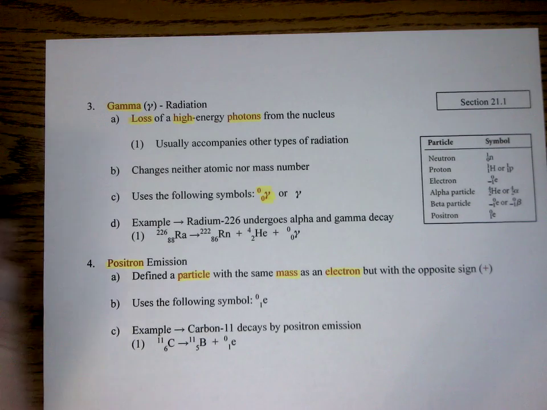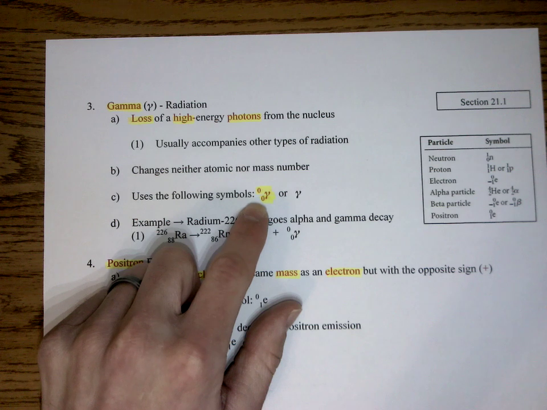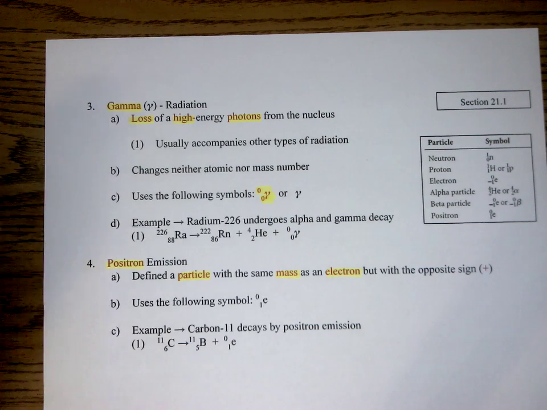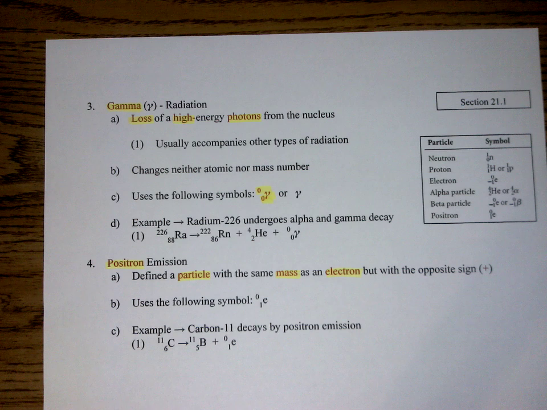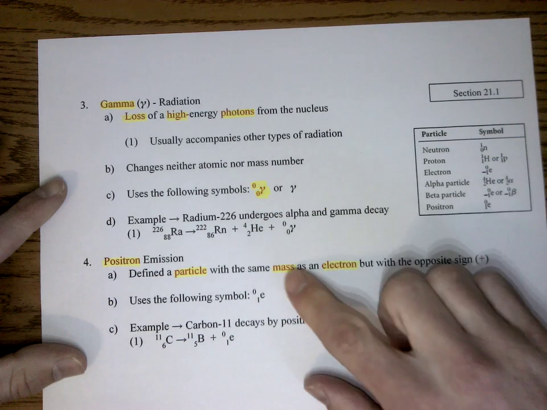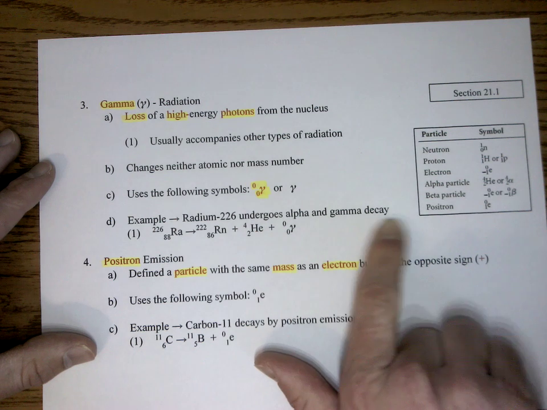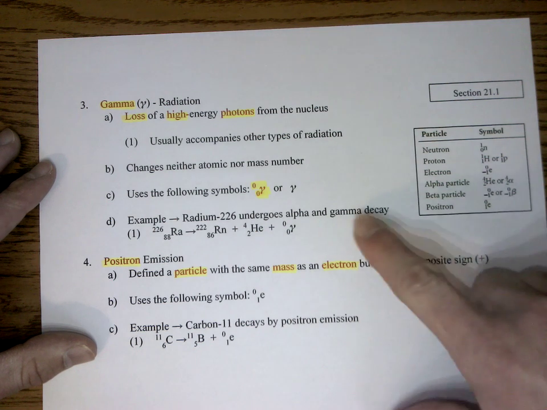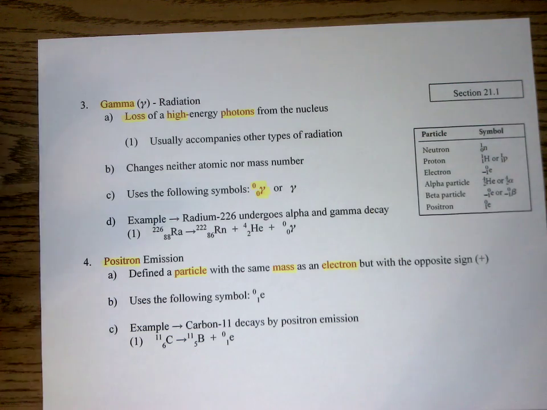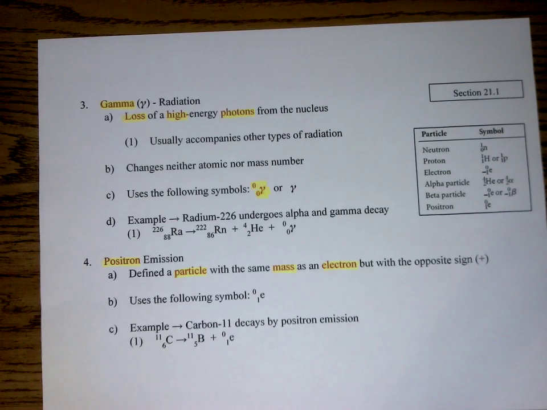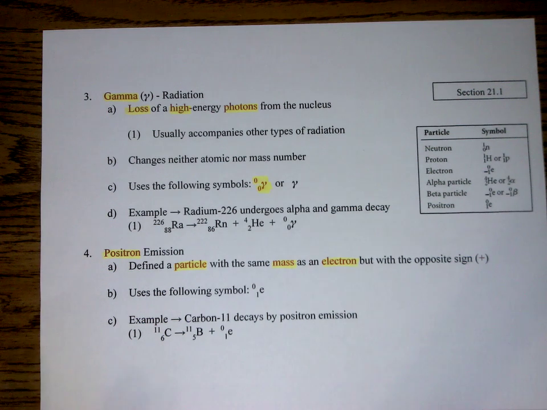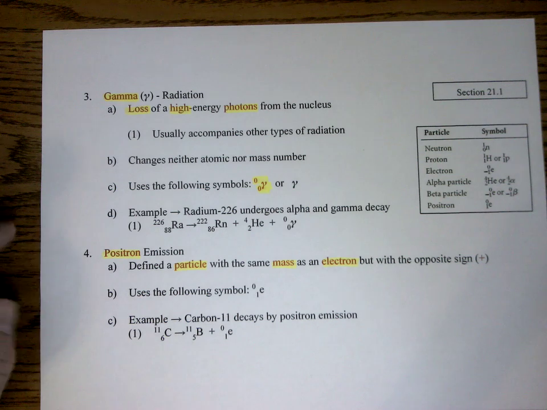Now, because this does not affect the number of protons or the mass numbers in an equation, I will tell you, hey, this has alpha emission along with gamma emission. So just like this problem says here, radium-226 undergoes alpha and gamma decay. So I'm going to indicate here that it has gamma decay. Because if I didn't tell you that, you would not be able to identify that particular particle.